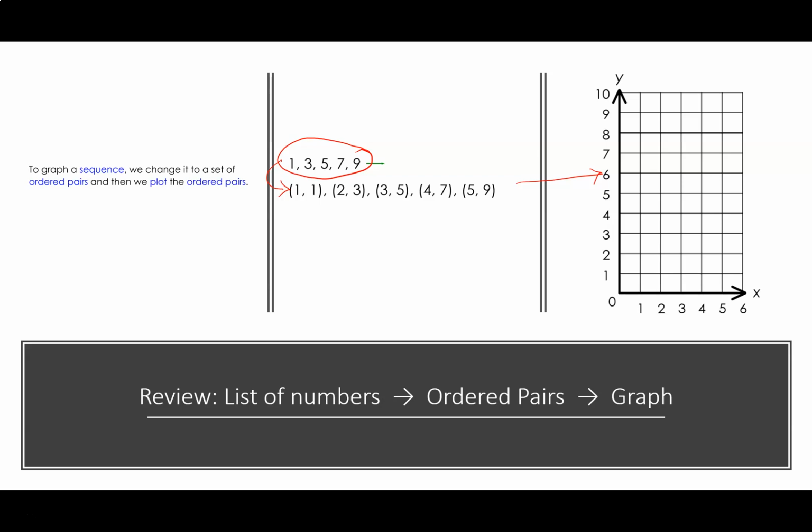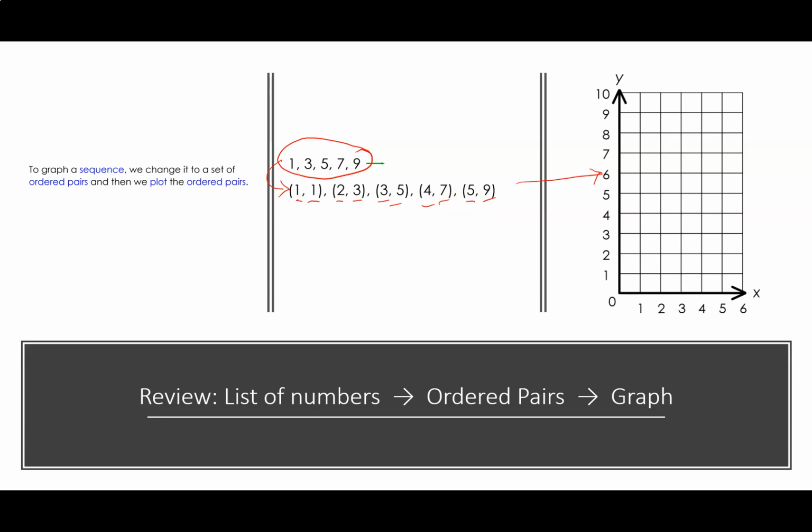That is the y value. You can see them here listed second. 1, 3, 5, 7, 9. The first number in the ordered pair refers to the term number. So for example, the first number, the second number, third number, fourth number, and fifth number.